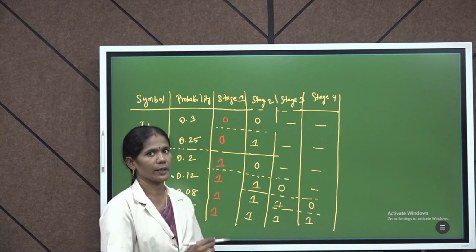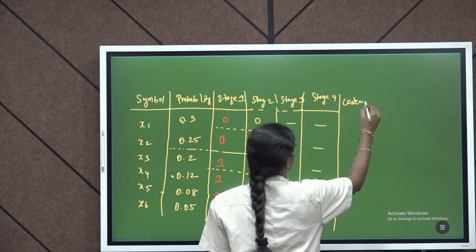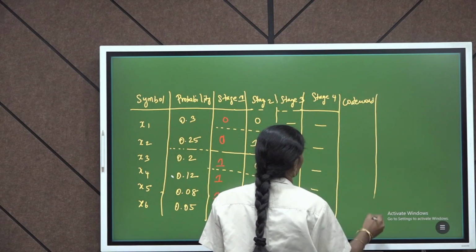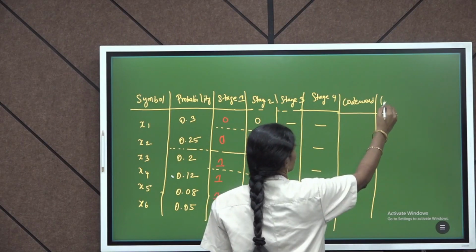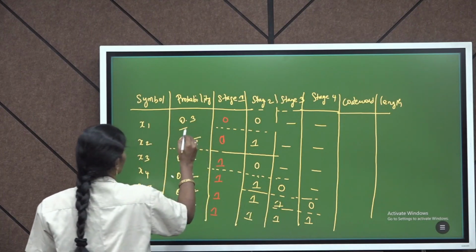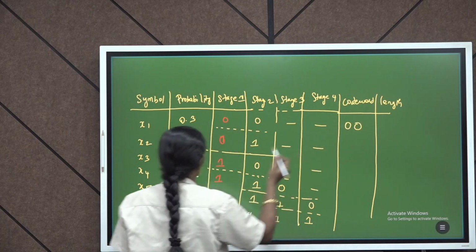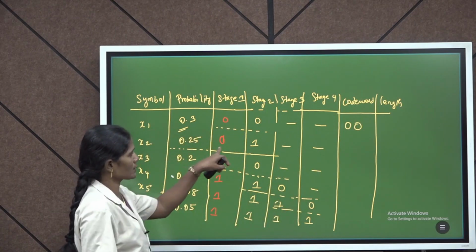Now, we can identify the code word as well as length. The code word for 0.3 is just 00. For 0.25 it is 01.